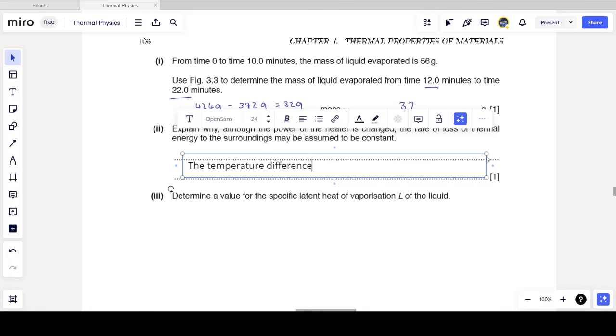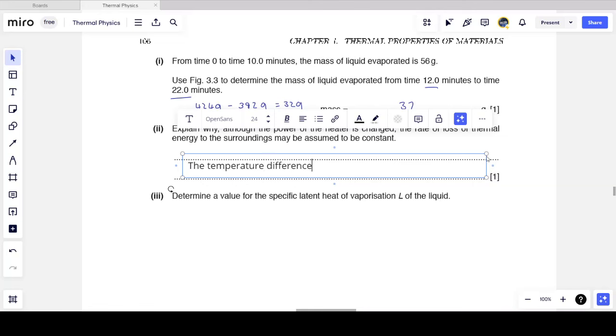Now, this was a tough question, but all you needed to do is remember that there must be a term for heat loss, otherwise you'd get an answer that wouldn't be correct. But when you have the heat loss equation, we can always change that to a power equation, and the rate of heat loss disappears, which then makes the calculation a lot easier. And so the rest of it is just mathematics and simple rearranging.